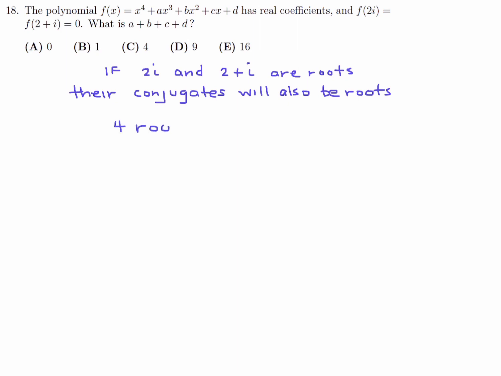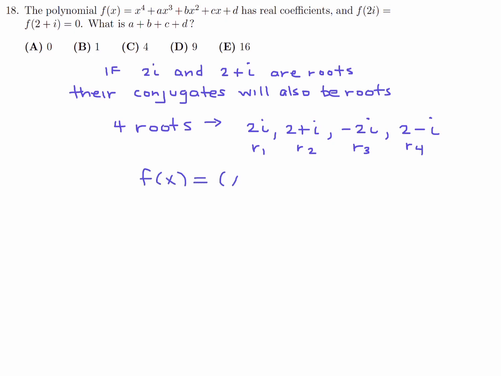So we will have 4 roots to this polynomial, and those 4 roots are 2i and 2 plus i, which is what they gave us, and then the conjugate, which is minus 2i and 2 minus i. All right, so this is R1, R2, R3, and R4, the 4 roots of that polynomial. And therefore, f at x can be written as follows: x minus R1 times x minus R2, and so on, R3, R4.